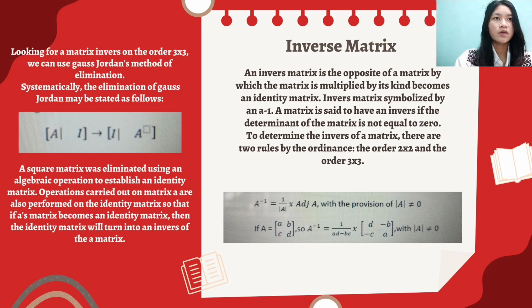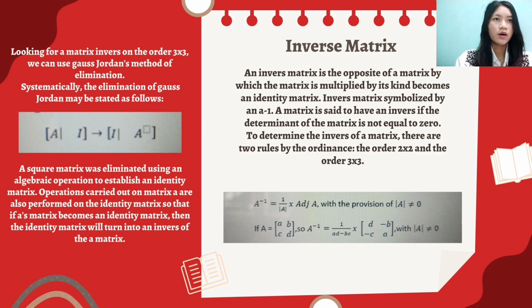Inverse matrix of order 3 by 3. To find the inverse of a matrix of order 3 by 3, we can use the Gauss-Jordan elimination method. Systematically, the Gauss-Jordan elimination is stated as follows. For example, given a square matrix, elimination uses algebraic operations to establish an identity matrix.